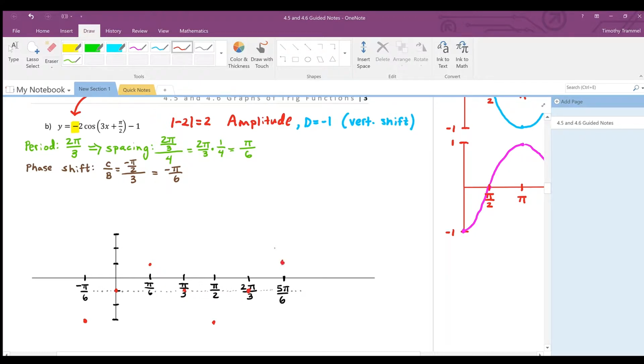Once you do get the hang of this, honestly, the hardest part is just filling in the x and the y axis with the tick marks. Once you're done with that, we're really just sketching the same pattern over and over. It's just been shifted in different directions and maybe stretched or compressed.